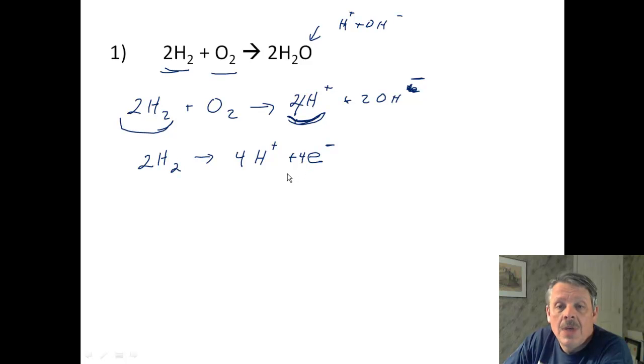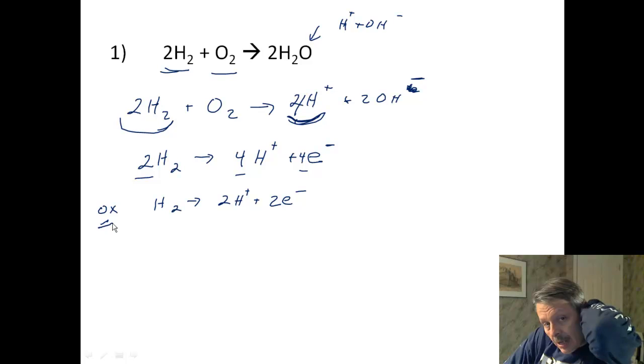Hydrogen is losing electrons, so that's being oxidized. I have a 2 and a 4 and a 4 here, so I can reduce that: H2 becomes 2H plus 2 electrons. This is my oxidation half reaction.